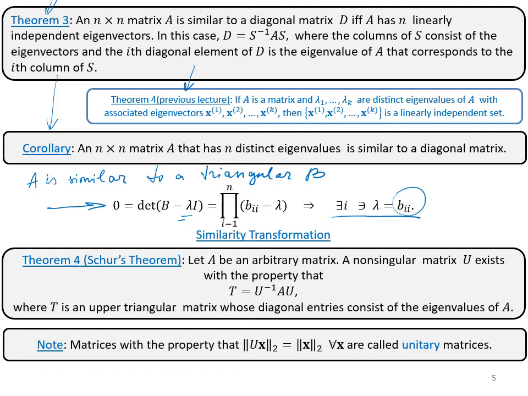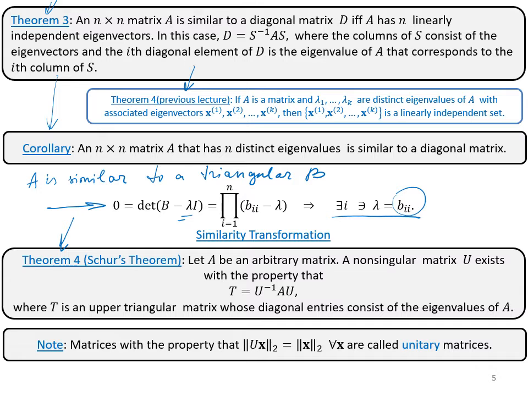And the next result describes a relationship between arbitrary matrices A and triangular matrices. This transformation is called similarity transformation, or Schur's theorem. Let's formulate it. Let A be any arbitrary matrix.